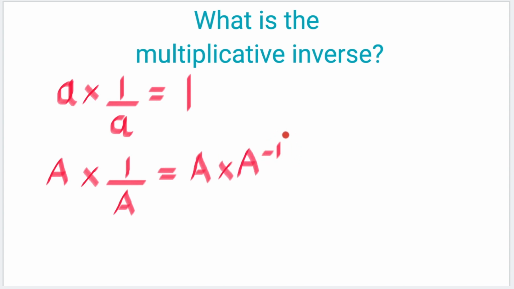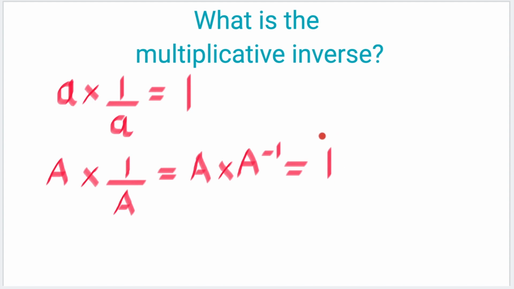So when you put that exponent negative 1 here, you're looking for an inverse of that matrix, but you're not dividing. It's just the notation. And then when you multiply those two matrices, you're going to get the identity matrix. Not the number 1, but an identity matrix. Depending on the size of the matrix, it could be 2 by 2, 3 by 3, that's going to determine what this identity matrix is going to be, not a 1.